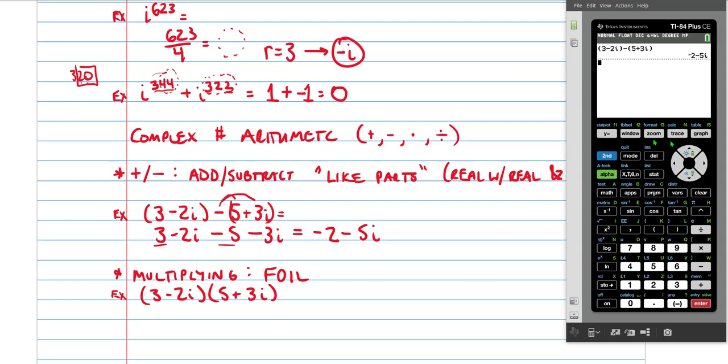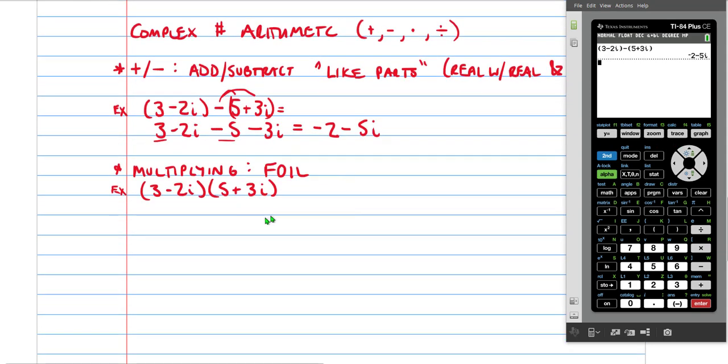What we generally have to do if we have a question structured like this is multiply our first terms, and of course we get 15. We multiply our outer terms, and we get 9i. We multiply our inner terms, and we get negative 10i. And for our last terms, that's going to be negative 6i squared.